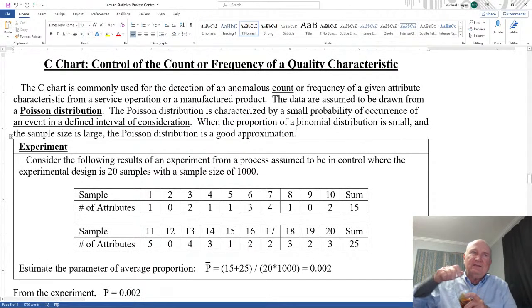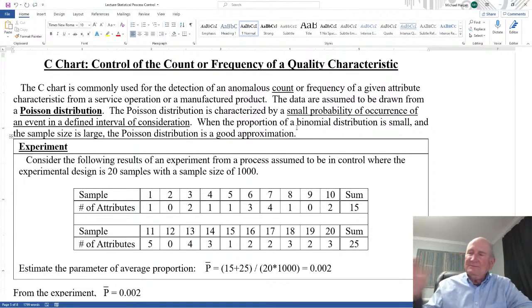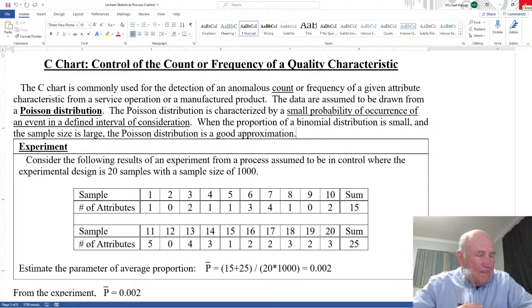It's very, very exciting. Theoretical statistics, mathematical statistics, is really cool stuff. You'll have all these distributions: normal distribution, Poisson distribution, binomial distribution.